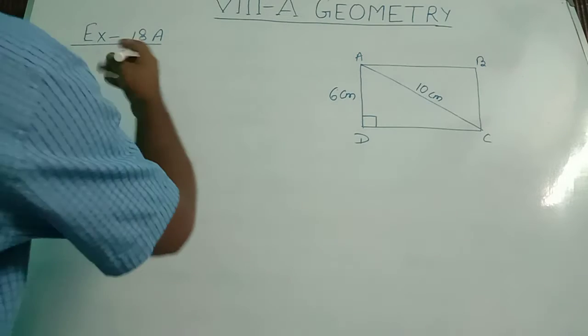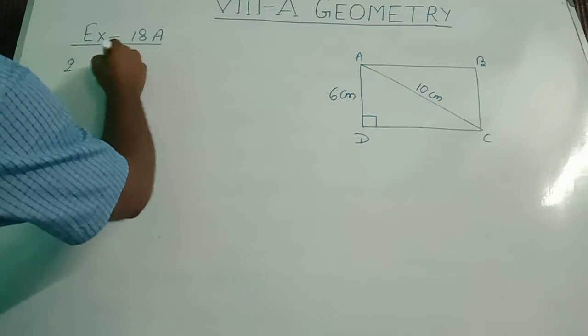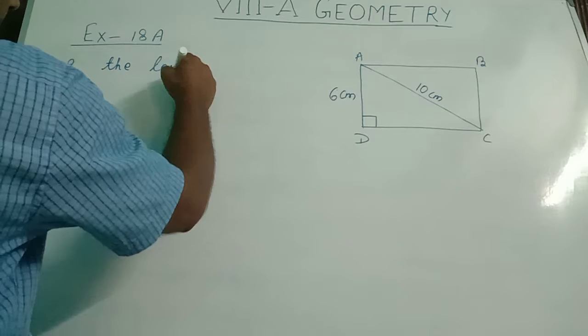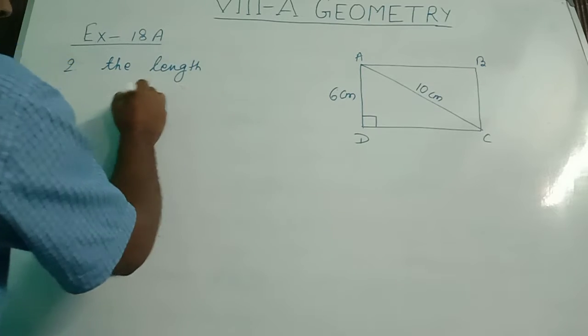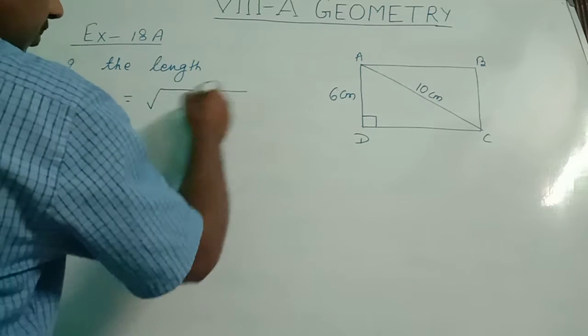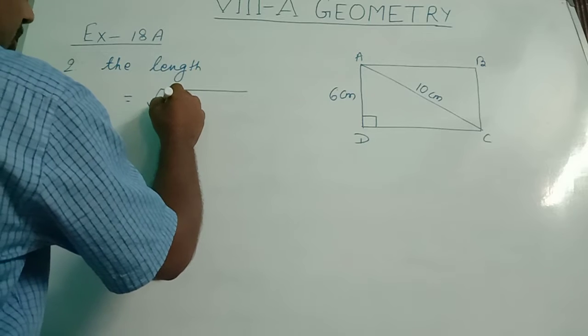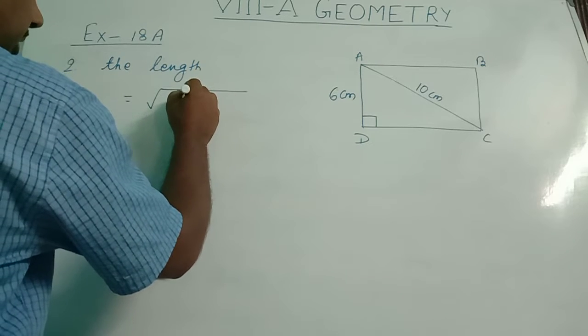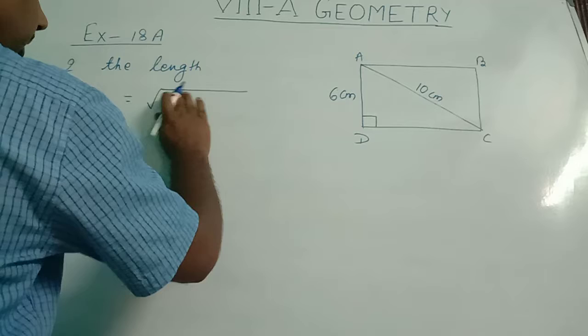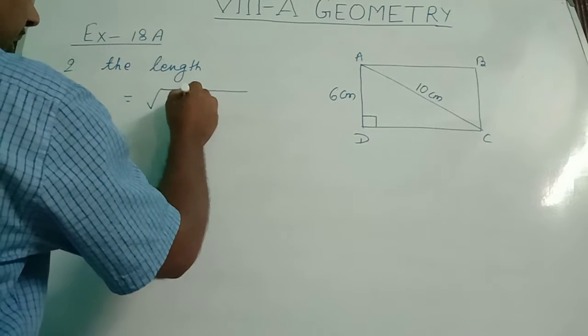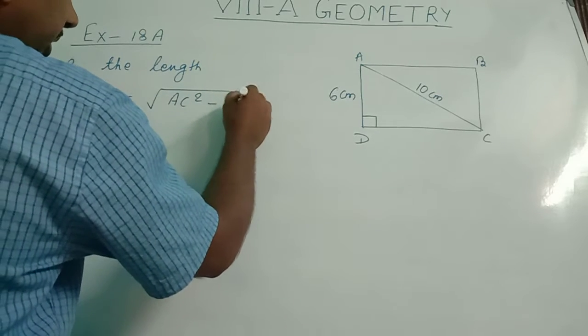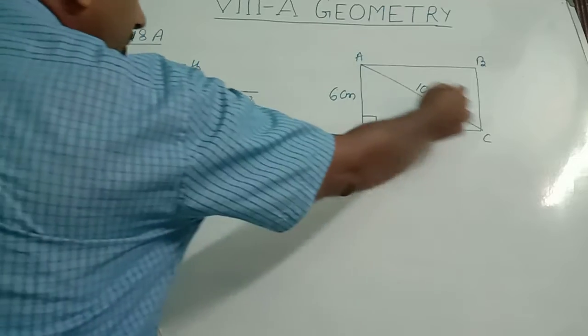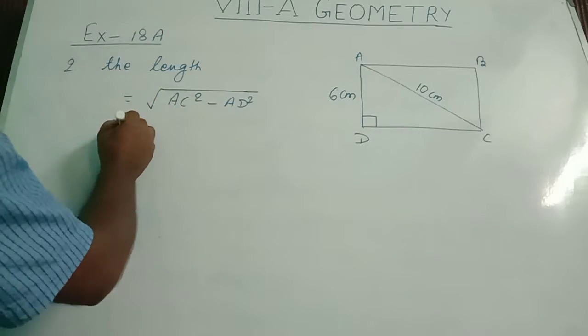Now the length is equal to, we use the Pythagoras theorem, h square, h means hypotenuse, or directly we can write AC square minus AD square. It means hypotenuse square minus perpendicular square.